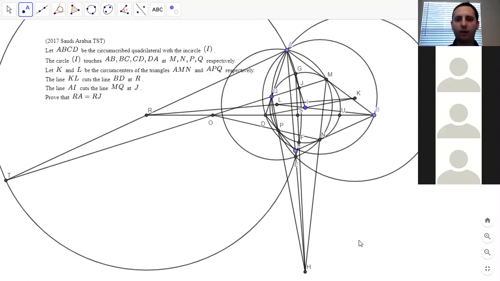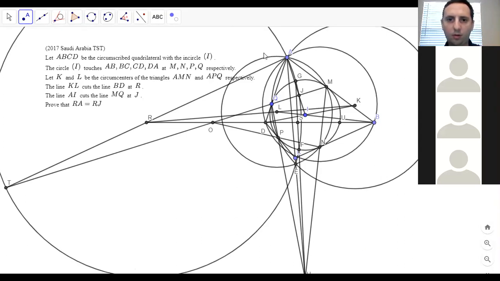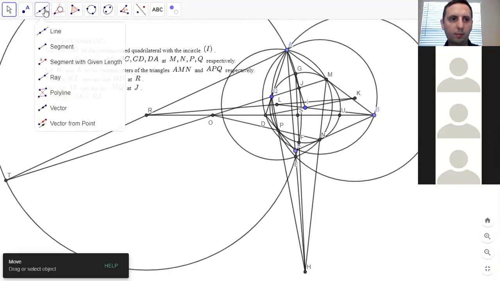So it seems like RI is perpendicular to AH. Let's see. Might be.